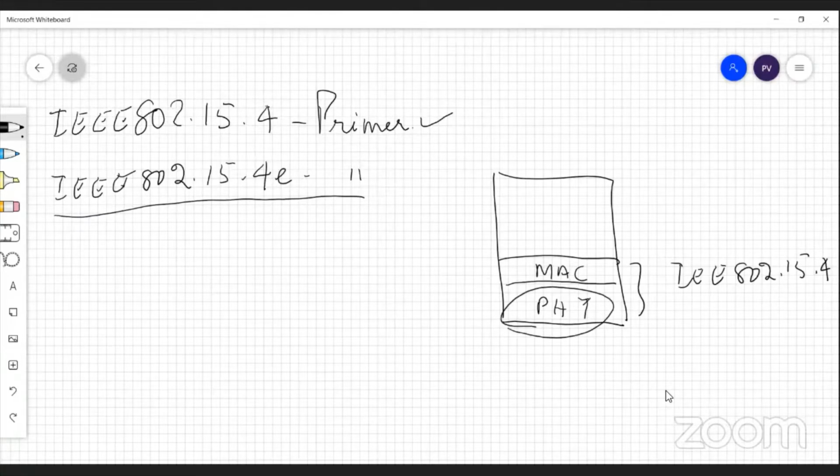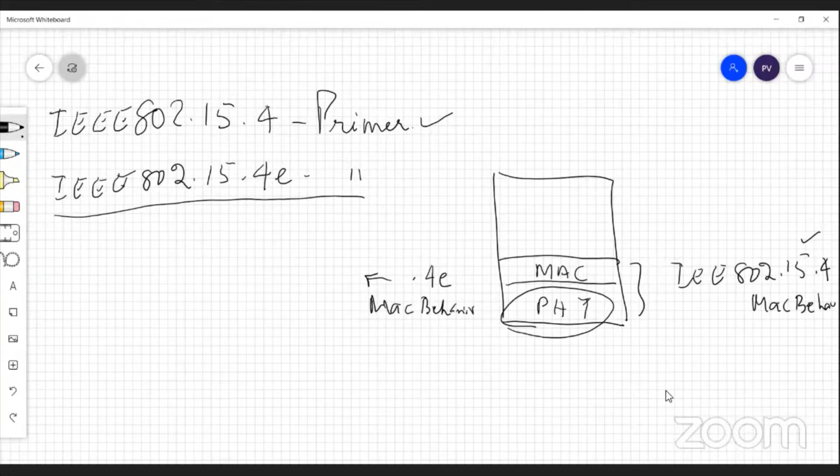This is important. 15.4e, so I'll just call it 4e, is an extension of the basic 15.4. In other words, there are what are known as MAC behaviors, and this is one type of MAC behavior, and there is another type of MAC behavior, which is the 15.4e MAC behavior. Okay, so essentially the behavior changes, the PHY layer is the same.